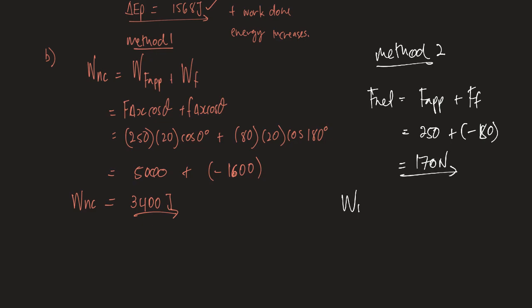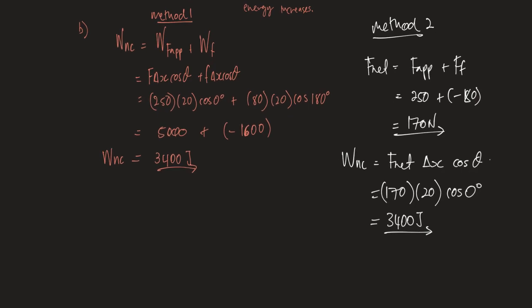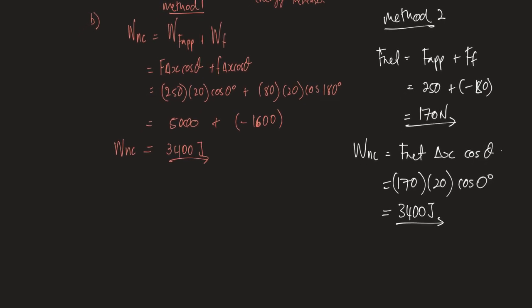You then would have said work non-conservative is equal to F net delta x cos theta, which gives 170 times 20 cos 0 degrees, and that would have given you 3,400 joules as well. So depending on whatever method you're comfortable with, you still end up getting the same answer. It's up to you what method you use.